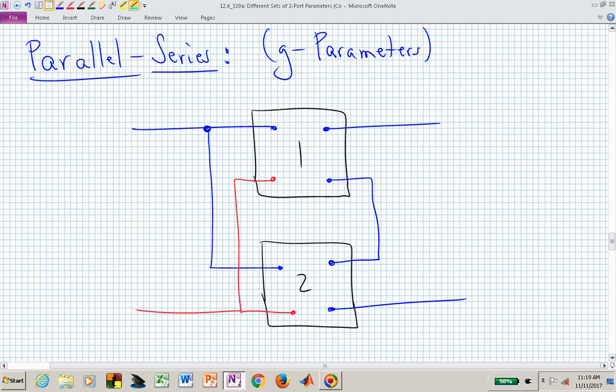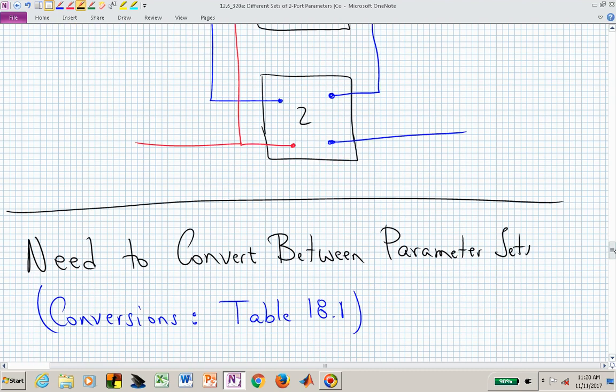So if the top two port, let's say A, was expressed in Z parameters, we might want to convert those to G parameters so that we could then easily combine the top two port with the bottom two port, because if they're both in G parameters, we can simply add their corresponding four elements together.